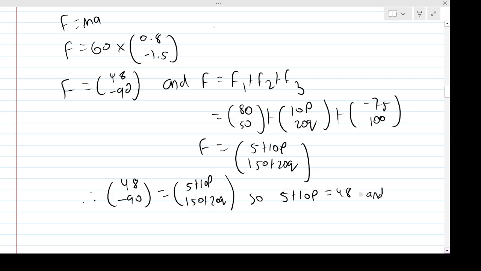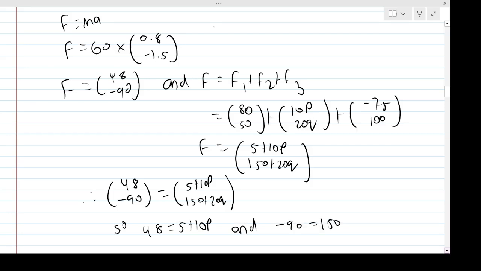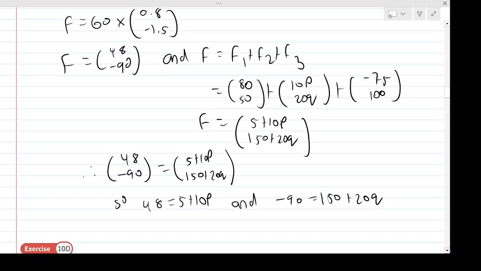And do I have enough room here? No, I'm not going to write it. I'll write it down here. So what we get is the equation 48 equals 5 add 10p. And the other equation, by comparing the bottom, minus 90 is 150 add 20q. So if we solve for p and q, well, 10p, if we subtract 5, that's going to be 43.